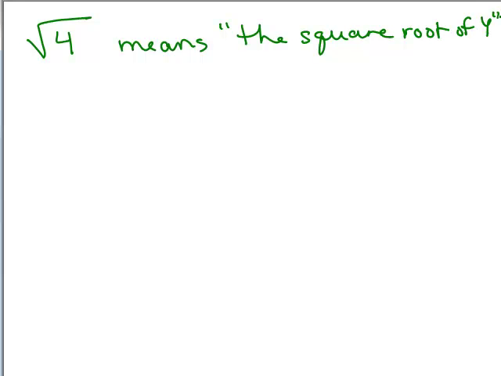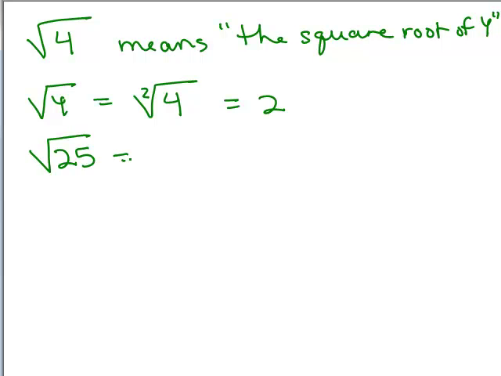Well, the square root of 4 can be written with a little 2 in this little spot here, but it's usually left off because we recognize this as the common radical sign, the square root without the 2. You can write it either way, but basically it still means 2. Same thing if I want to do the square root of 25. You could write it with a little 2, and that tells you: what 2 numbers multiplied by themselves is 25? And that would be 5.